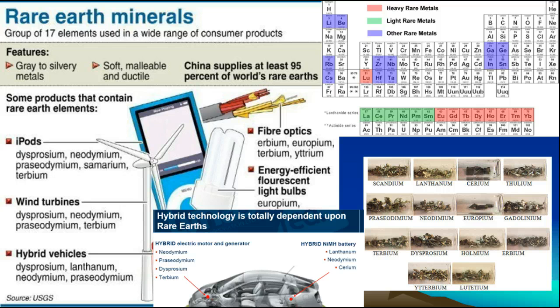If you take a look, these rare earth minerals are generally the ones mostly in the lanthanide series of the periodic table, but you also have some semiconductors, some of those earth metals and things like that in there as well. And these are some of the many different things that they do.